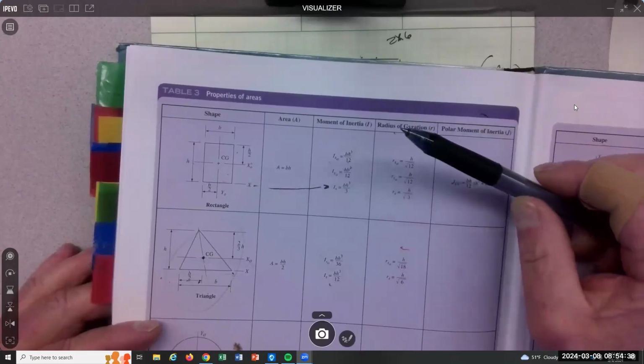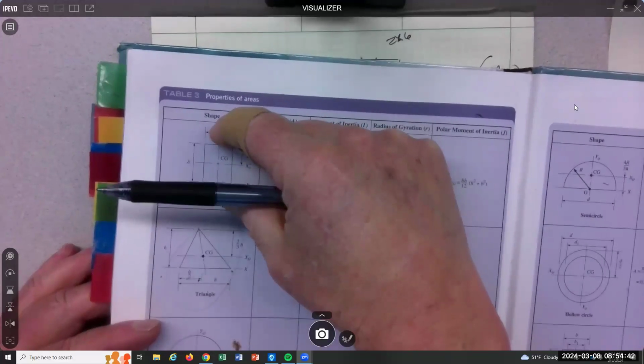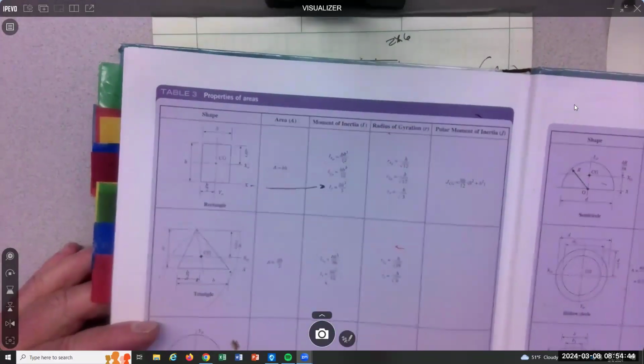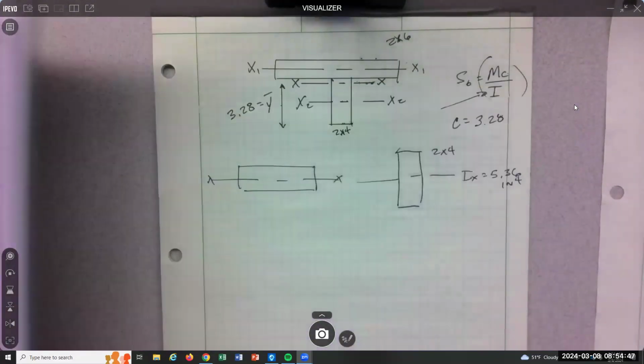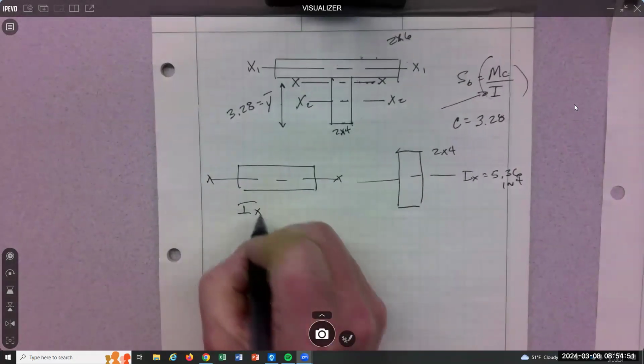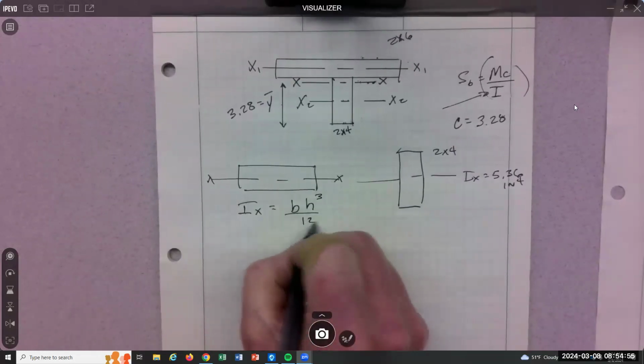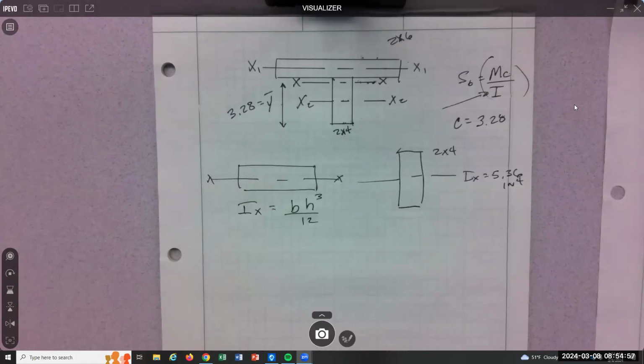We can calculate it. So if this thing flips on its side, it's still a rectangle. We can still use that same equation. So on its side, we would say, oh, the inertia over here is base height cubed over 12. Very common equation. We use rectangles a lot.